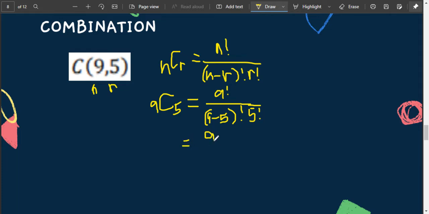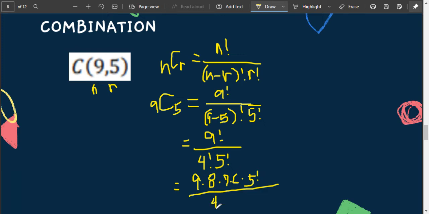Now, mamaya natin i-expand yung 9. Dito muna tayo sa baba. 9 minus 5 is 4 factorial, right? Then, times 5 factorial. Tingnan nyo lang, alin ang mas malaki sa kanila, yung 4 or yung 5. So, yung 5 yung mas malaki, therefore, yung nasa taas or yung nasa numerator is hanggang 5 factorial mo lang siya i-multiply. 9, pag in-expand natin to magiging 9 times 8 times 7 times 6 times 5 factorial over 4 factorial.